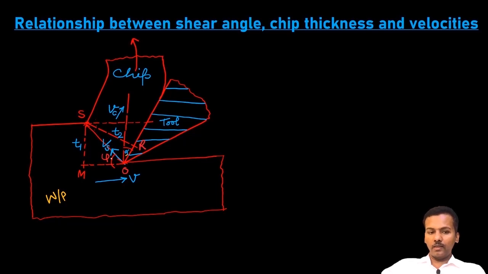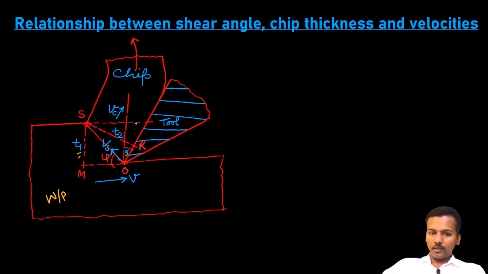This is the phi shear angle, and this is the uncut thickness T1. What we do now, for analysis purposes, is draw a parallel line from this point S. This OS is the shear plane. From S, draw a line parallel to the finished surface, that means OM.